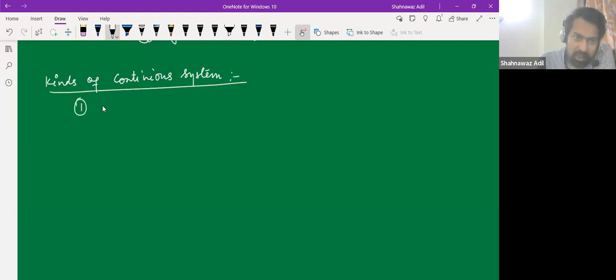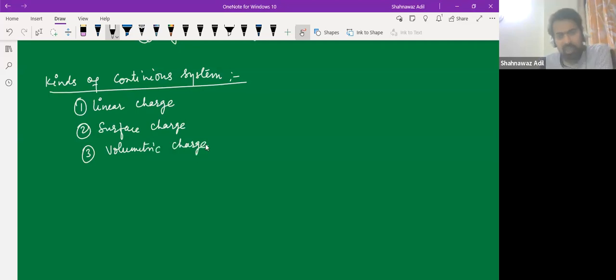One is linear charge, the other one is surface, and the other one is volume. For linear charge, we have this line of wire and the charges are placed on this line, maybe positive or negative charge. So this is the linear charge.